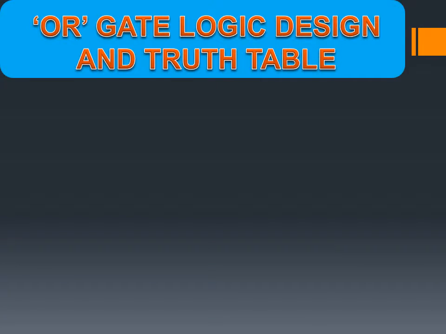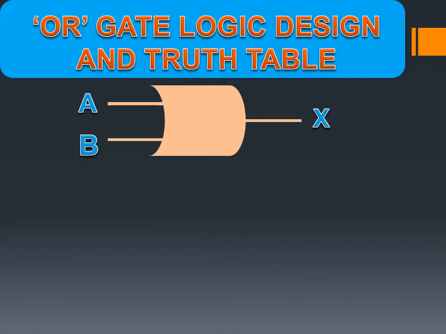Speaking of the OR gate, let's talk about the logic design and the truth table. This is the logic design of the OR gate. One thing you should notice is that the logic design for the AND gate is different from that of the OR gate, and all through they are all different. So learn to understand your drawings. Now, with the OR gate, when A is positive and B is negative, it can still give us a positive output.